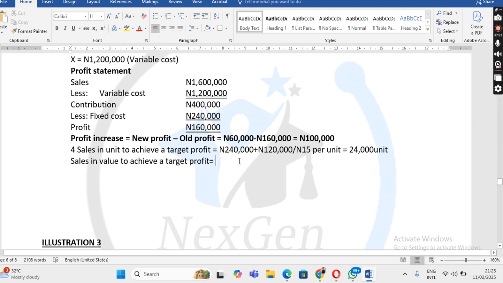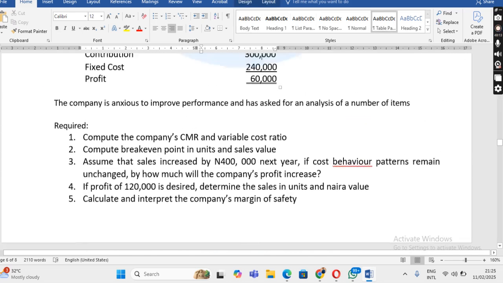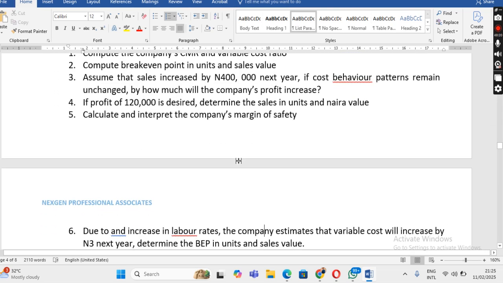So now this is 24,000 units, multiplied by the real selling price. So that is what I will do: units times selling price per unit. Now, let's go back to the data because we didn't calculate selling price per unit then. So the selling price per unit is 1.2 million divided by 20,000 units. Class, don't go and use the one that increased. Question 4 did not tell you to use the number 3 data.